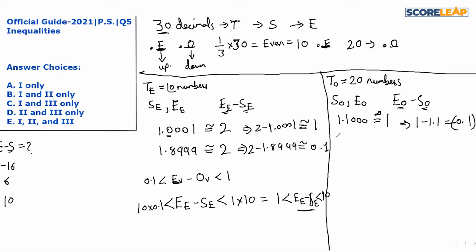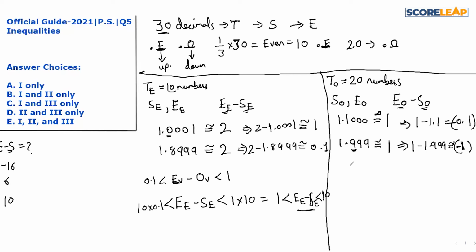Similarly, we can find the largest difference when we have 1.999. Here the 10th digit is odd. When it is even, we have to round it up, but when it is odd, we have to round it down. So here also it will be rounded down to 1. So 1 minus 1.999 will be approximately negative of 1.